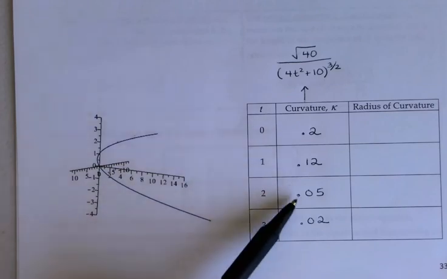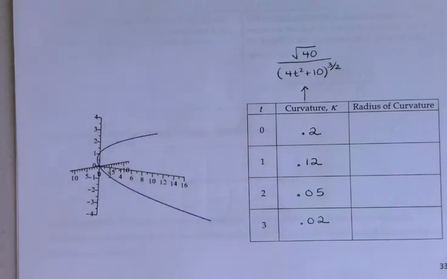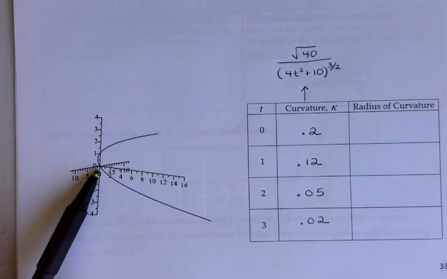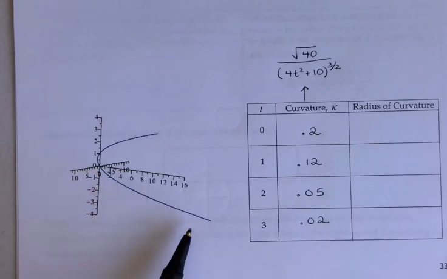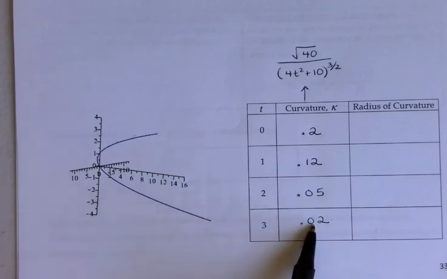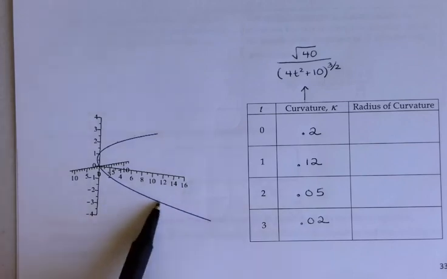The further away from the vertex, the further away from the point here at t equals 0, the less this curve bends. In fact, by the time we get out to t equals 3, this isn't too far off of a straight line. A straight line would have 0 curvature, and this has only a very, very small curvature. Well, it's true with a parabola: once you get out far enough, the curve is very, very slight.